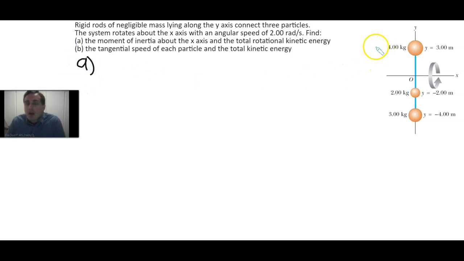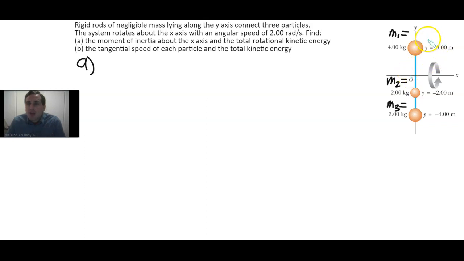By the way, I recommend we label these masses. Let's call this mass 1, and let's call this mass 2, and let's call this mass 3. So the masses are labeled there, and we should think about their radii. Now a radius is a positive value that extends from the origin, and even if you don't like that, note that when we take a radius squared, any non-zero number squared is positive.